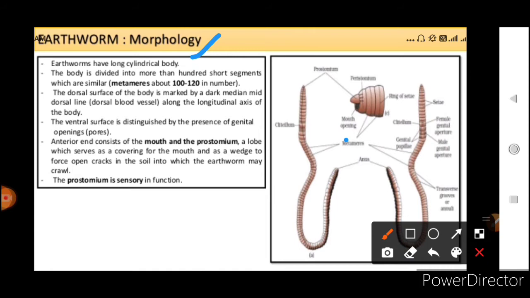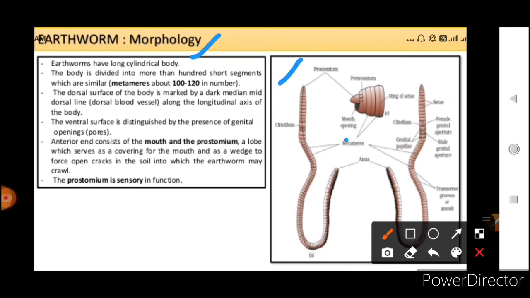The dorsal surface of the body, that is the upper side, is marked by a dark median mid dorsal line, that is the dorsal blood vessel, along the longitudinal axis of the body. In this diagram you can see a thread-like structure running from the top segment to the end segment, and that is the dark median dorsal line.